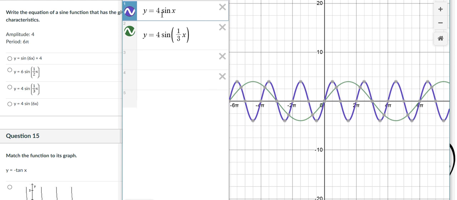So for this one, it completes 3 periods from 0 to 6 pi. But for this one, 1/3 x is just one period. Okay? All right. See you next time.